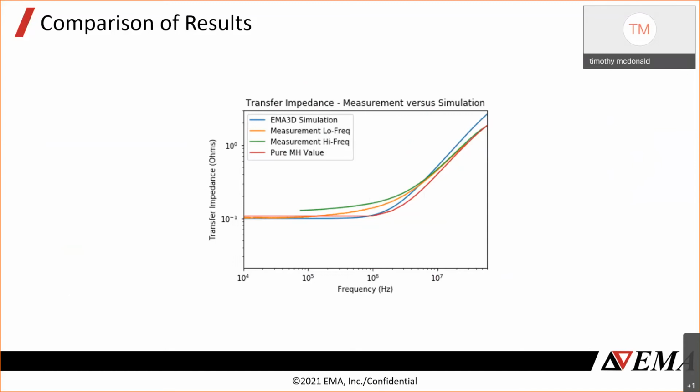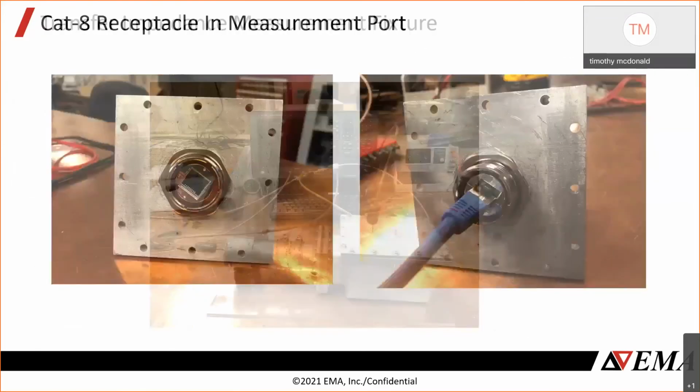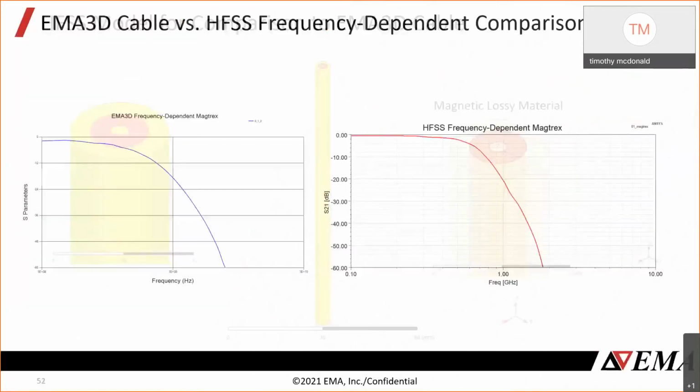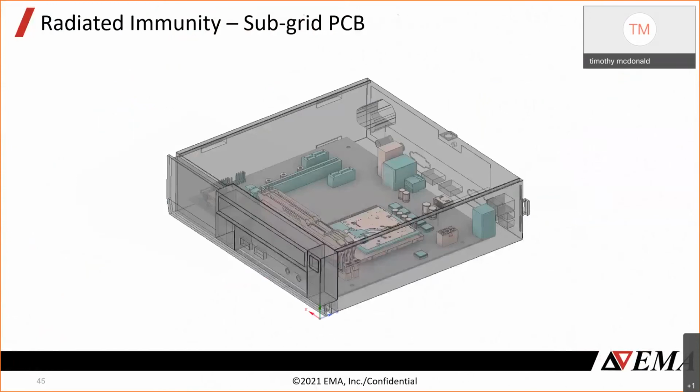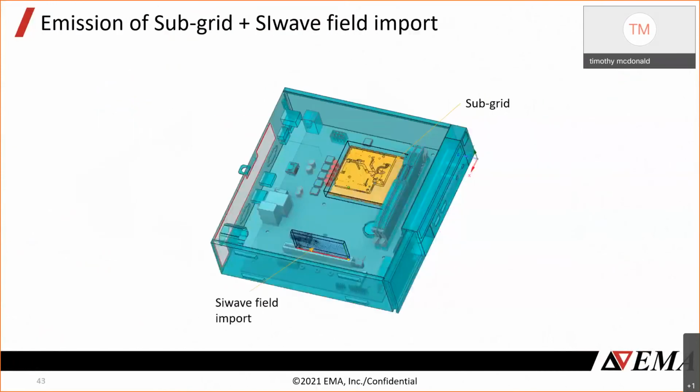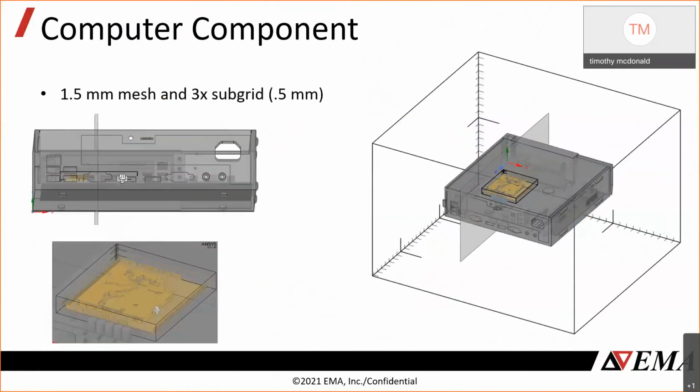Okay, and then we have another question. Can I reuse my enclosure and cable design for multiple environments, such as emissions and immunity? Yes. So if we take a look back at this model before, we can see that we used the same enclosure and PCB for immunity, but we also used it for radiated emissions.